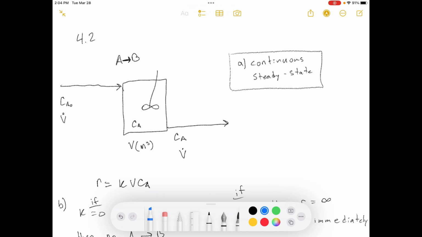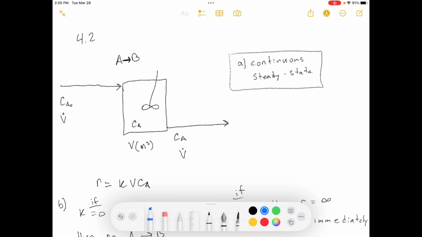The concentration of A in the feed is Ca0 in moles per meter cubed, and that in the tank and outlet stream is Ca in moles per meter cubed. Neither concentration varies with time. The volume of the tank contents is V in meters cubed, and the volumetric flow rate of the inlet and outlet streams is V dot in meters cubed per second.